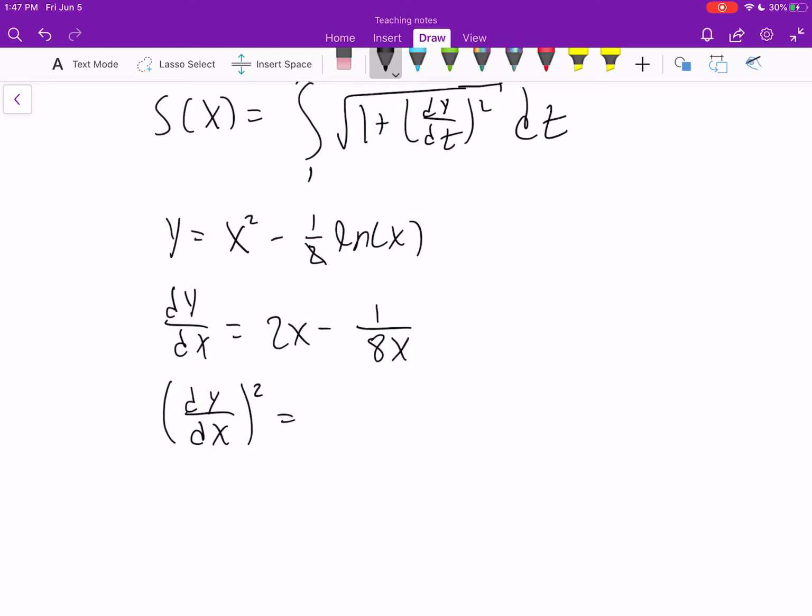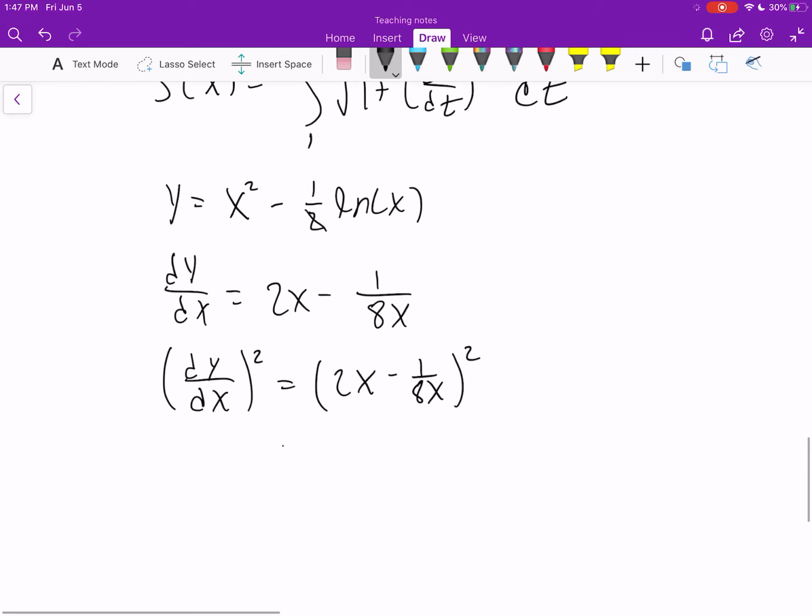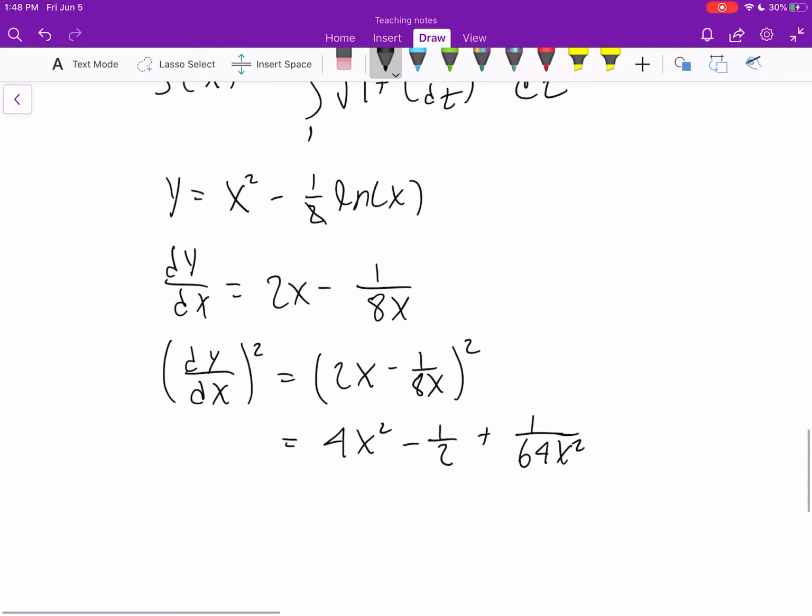So (dy/dx) squared is (2x minus 1 over 8x) squared. If I square this, I'm going to get 4x squared minus 2 times the product of the two factors, so minus 1/2, plus 1 over 64x squared.